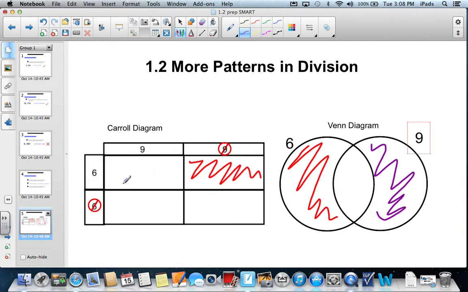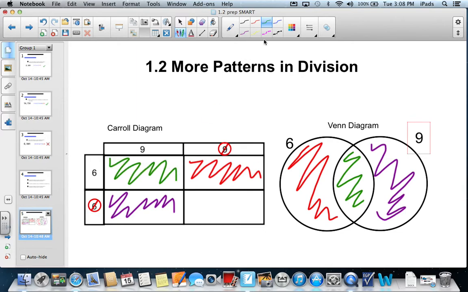Anything that's divisible by 9 and not by 6 would go down here. And then anything that goes in the middle here in the green section is divisible by 6 and 9, which would go here. And anything that isn't divisible by 6 and by 9 would go down here.